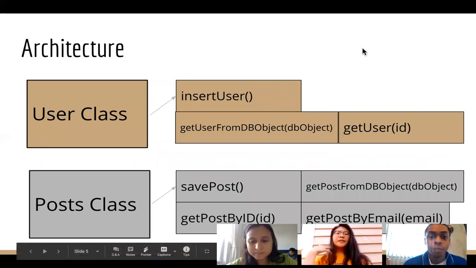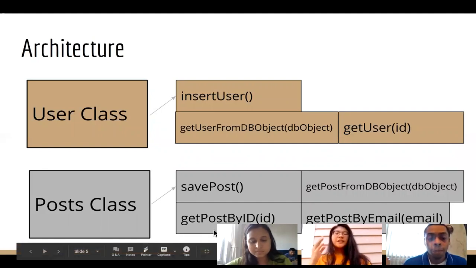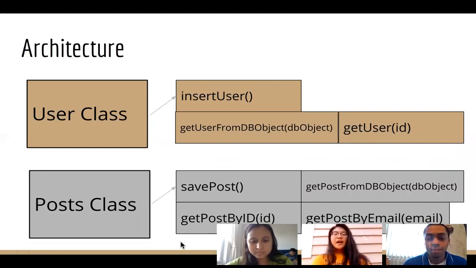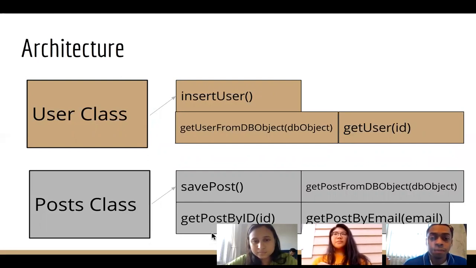So here is a quick close-up of the user class and post class and the architecture. So for the user class, which I used Node.js and JavaScript to create, as well as DynamoDB to put the info into a database, I had 3 methods.